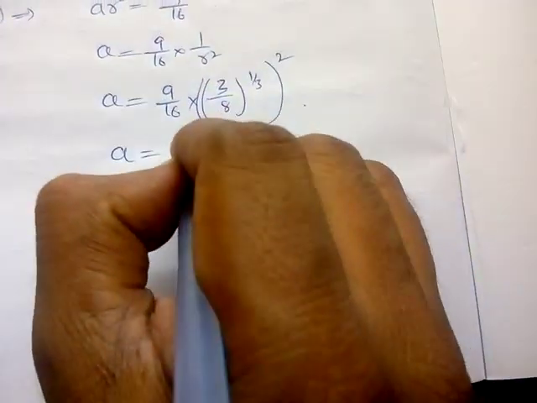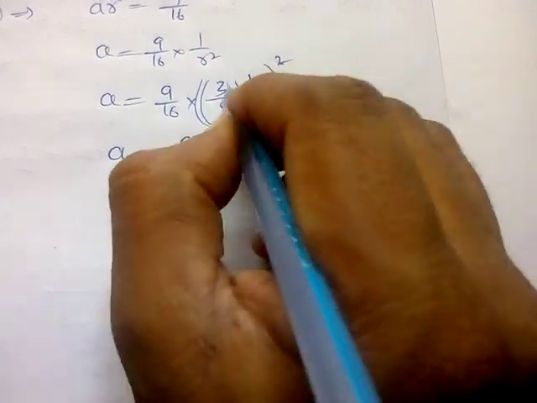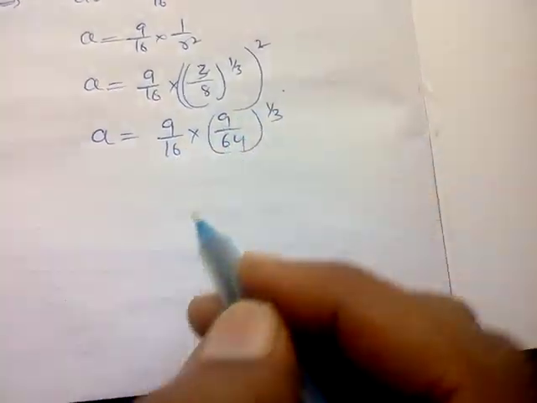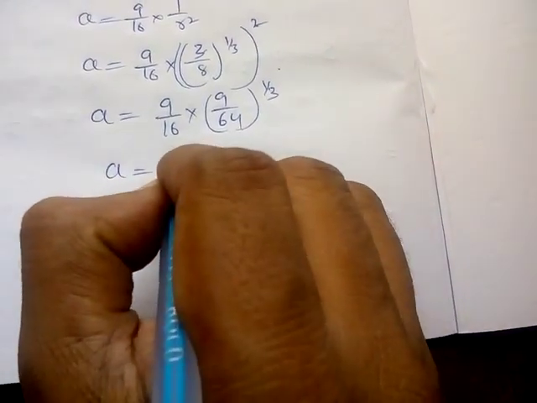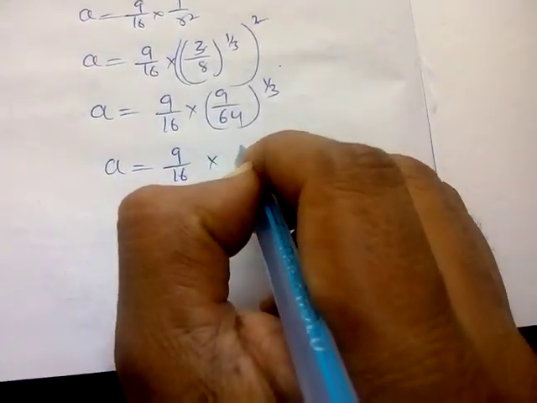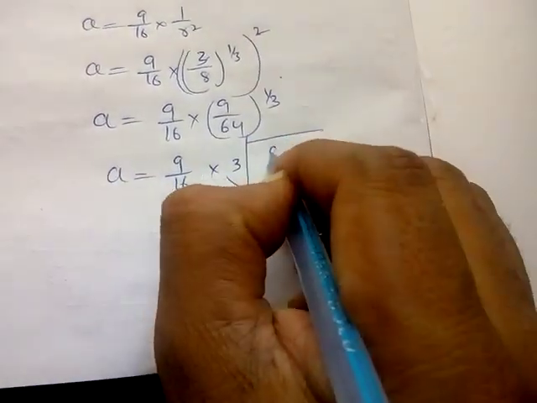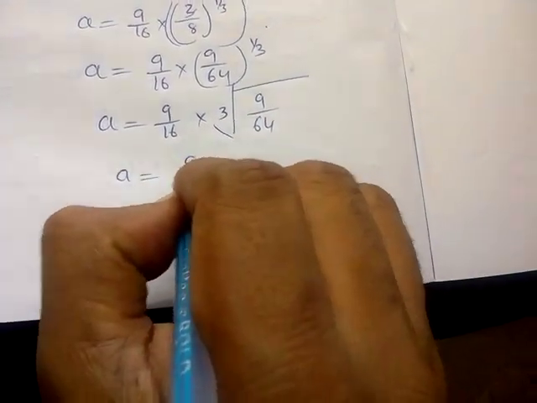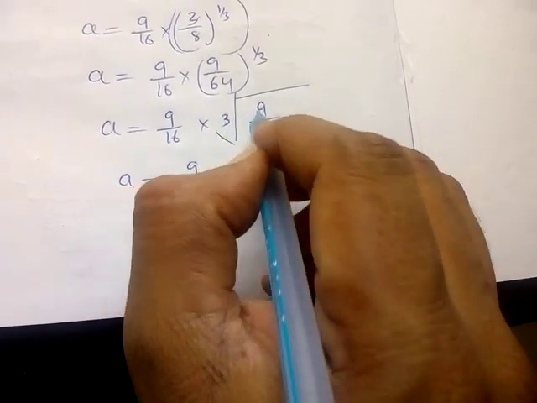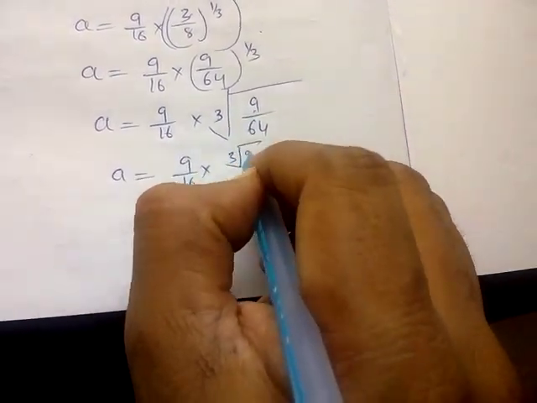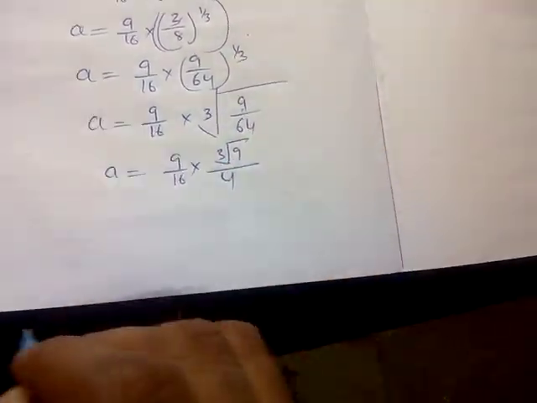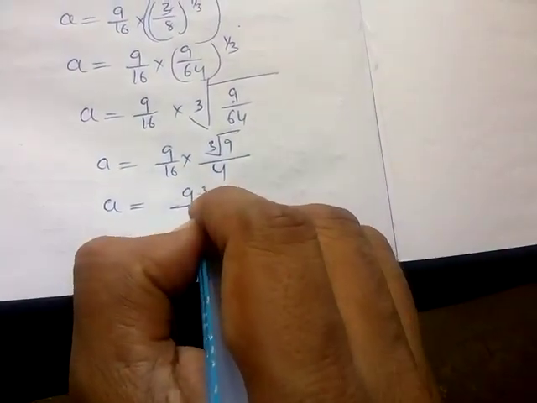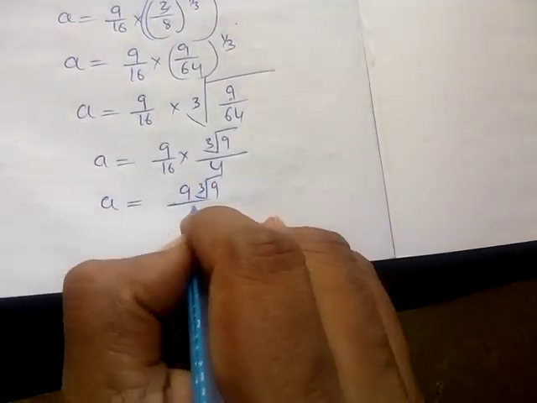So a is equal to 9 by 16 into 9 by 64 to the power of 1 by 3. So a is equal to 9 by 16 into cube root of 9 by 64. So a is equal to 9 by 16 into cube root of 9 only. Cube root of 64 is 4. So a is equal to 9 by 9 cube root of 9 by 64.